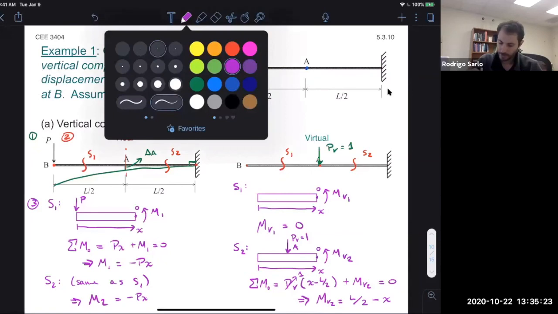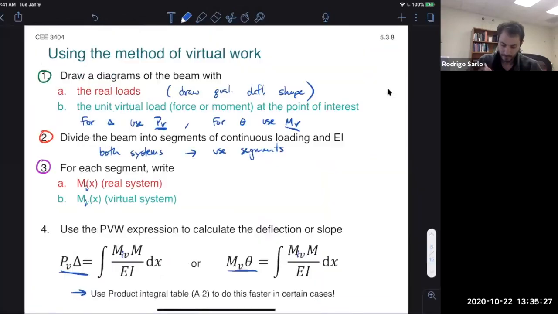And then finally, step 4, we'll do in blue. Step 4 is use the principle of virtual work expression. So in this case, because I applied a virtual force, I'll use this one.